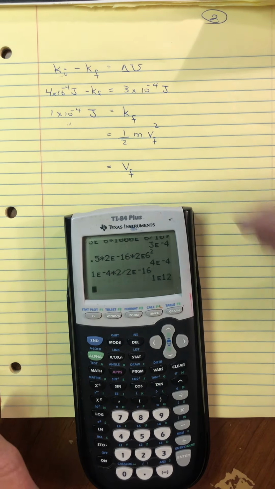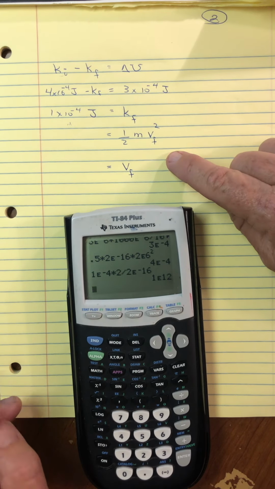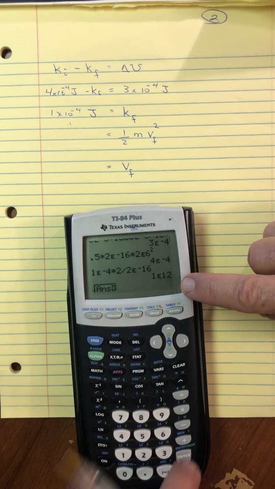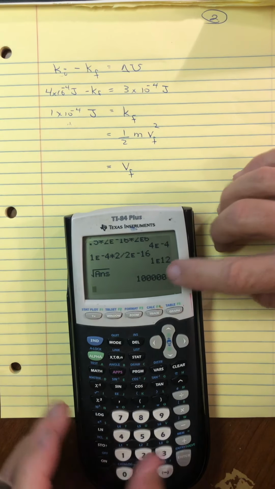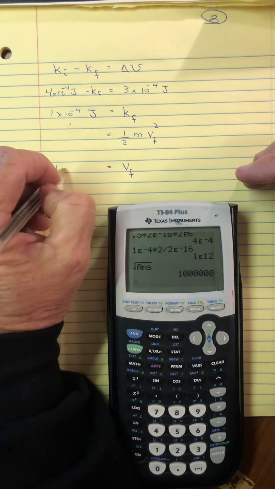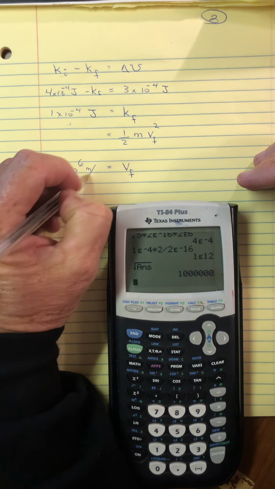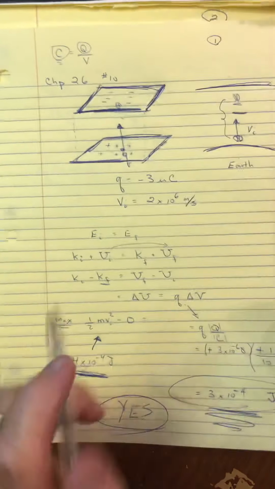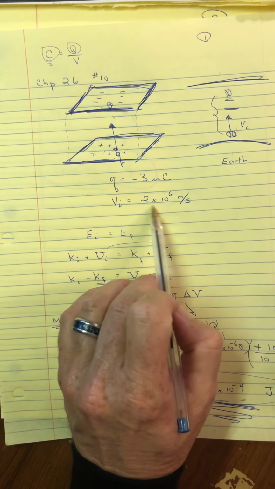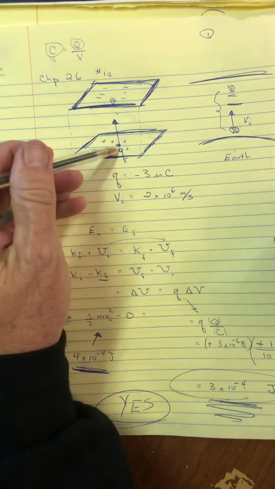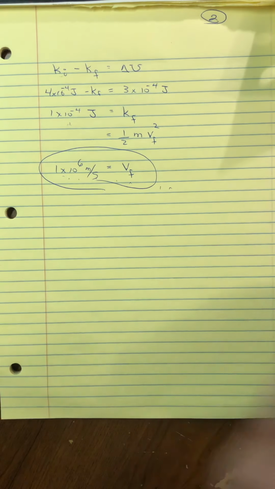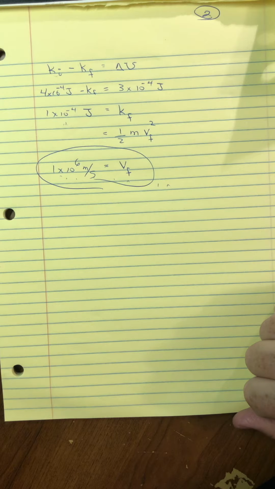I'll just hit enter, so that would be the speed squared. And the square root would then be 1 million, 1, 2, 3, 4, 5, 6. So 1 times 10 to the 6th meters per second would be its speed. So starting with 2 million meters per second, it would end up slowing down and be going only 1 million meters per second by the time it gets to the top.